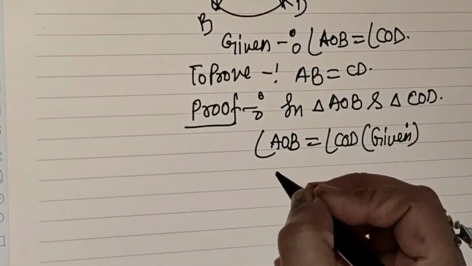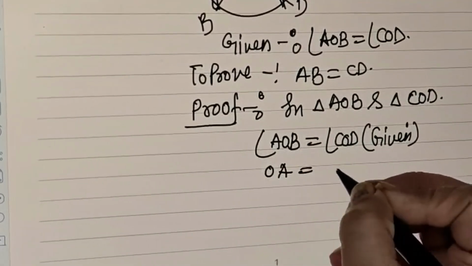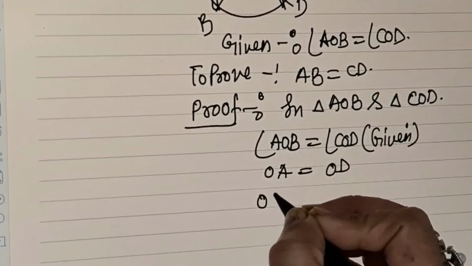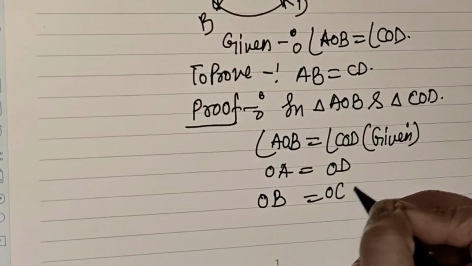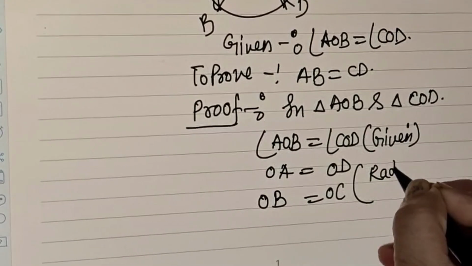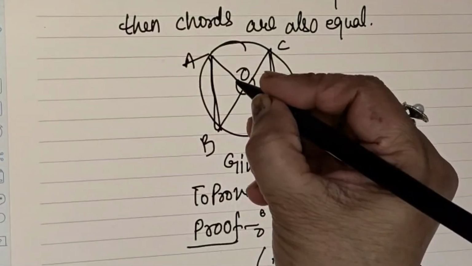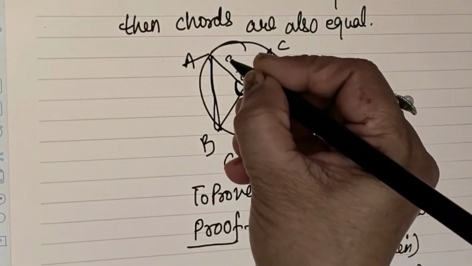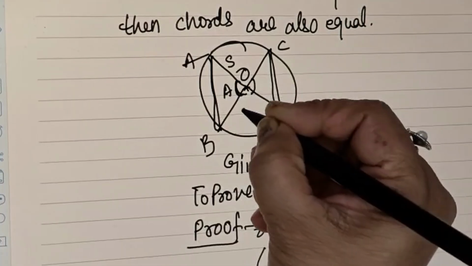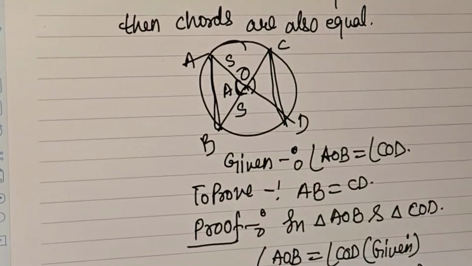Then OA is equal to OD, OB is equal to OC, radius. Now if you see the figure, this is the central angle, so side, angle and side. Understood?